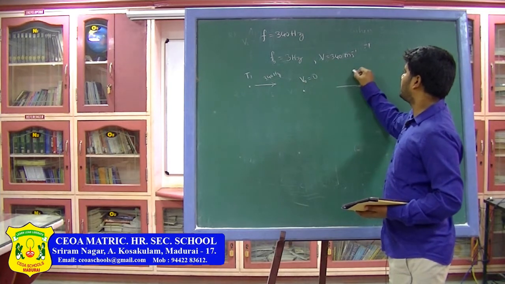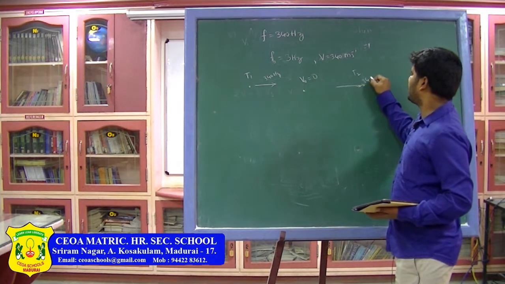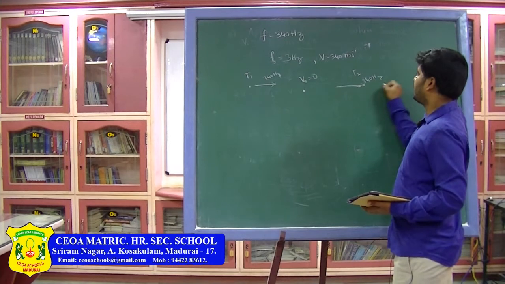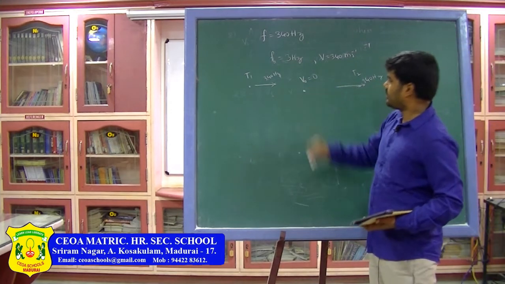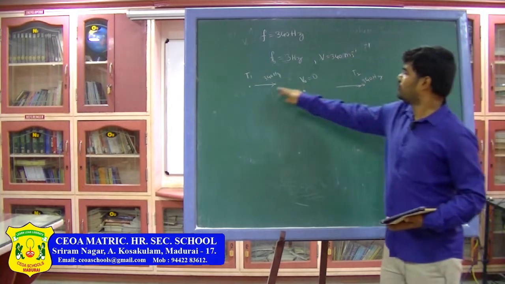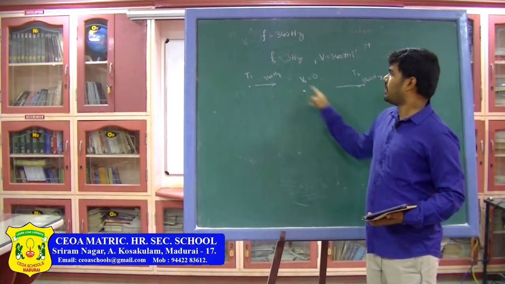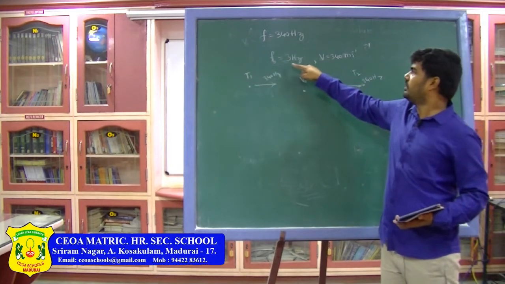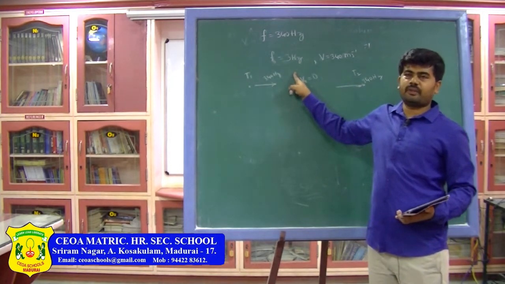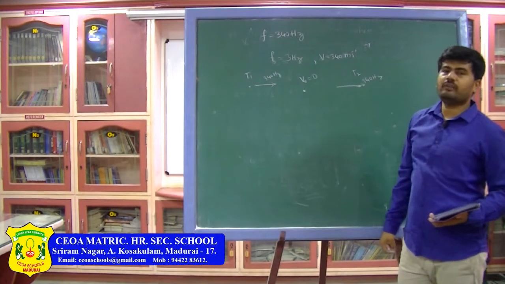This is T2, of the same frequency 340 Hertz, moving away from the observer. When this observer at rest listens to these two sounds, because of the Doppler effect he is observing 3 beats per second. If they are producing 3 beats per second, what is the speed of the tuning fork?